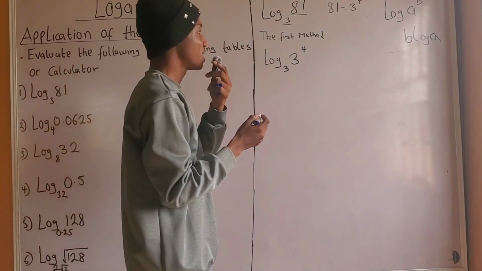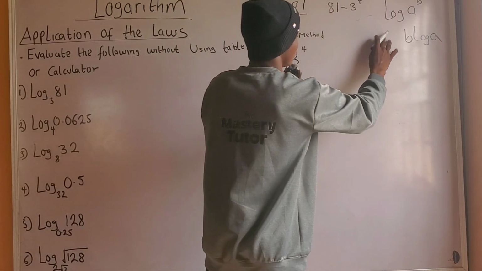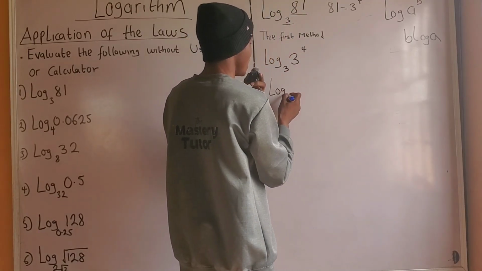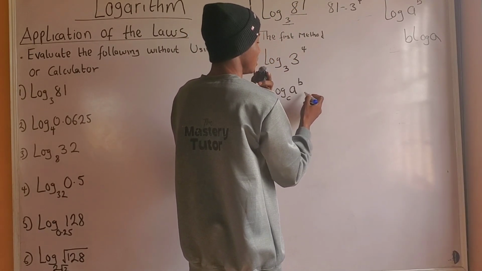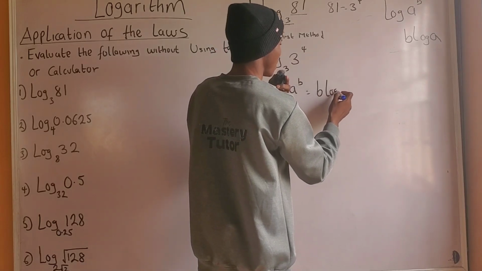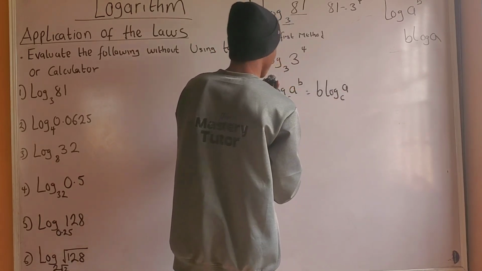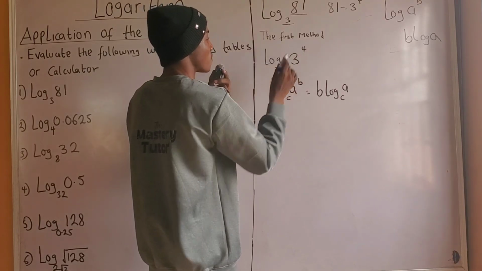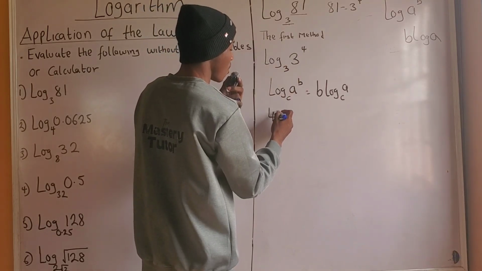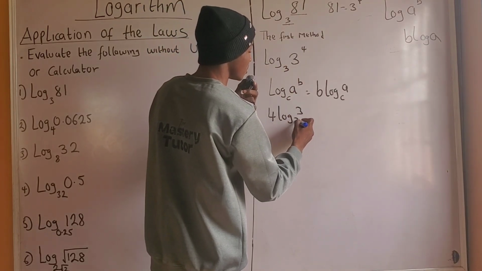Now, according to this law, if you have log a raised to the power of b base c, this will be equal to b multiplied by log a base c. Now I'm having log 3 base 3 raised to the power of 4, so I'm going to have 4 log 3 base 3.